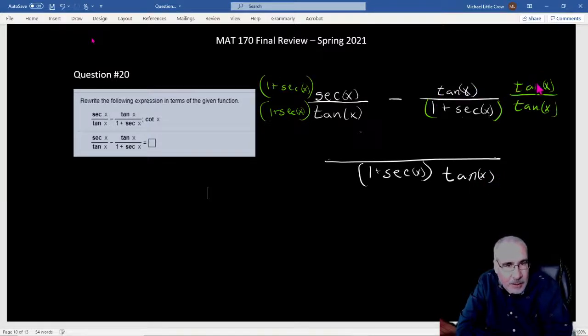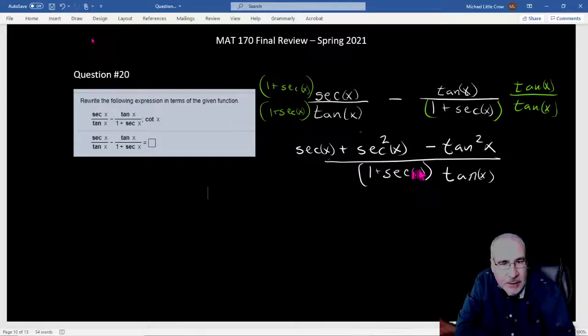So on this side we get tan times tan, so that's going to be tan squared, and we've got the minus from here. Over here, let's distribute out, so secant times 1 is secant x, secant times secant with a plus in between becomes secant squared x.